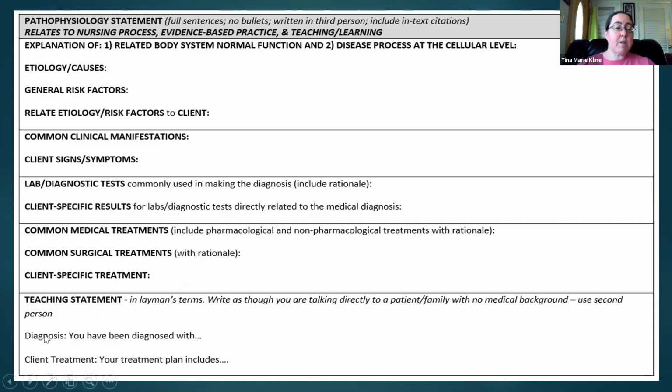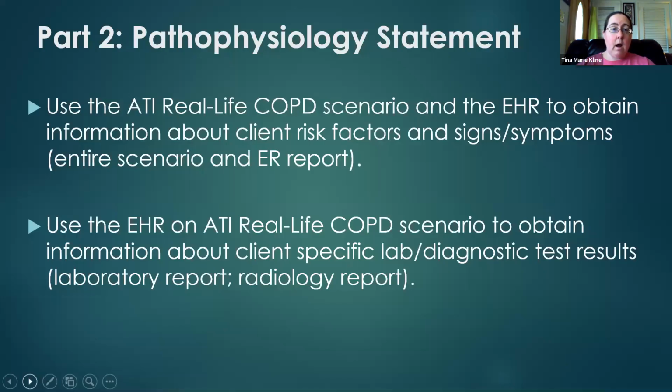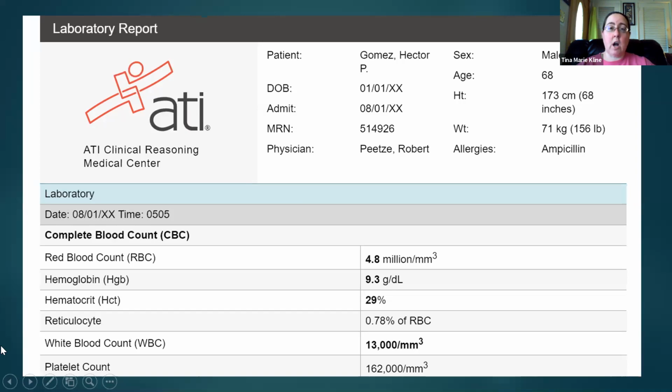Now, you have the option of going back into the scenario, but I did go in there and took some screenshots for you. So for the client risk factors, signs and symptoms, and the lab and diagnostic results, I did post this PowerPoint on Plato so you can access it, but I took screenshots of what was there. So this is actually the beginning part of his lab.